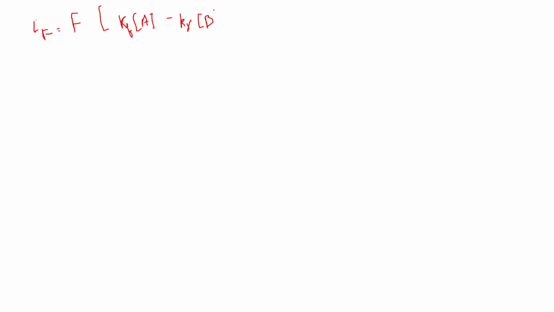Now what is the next step? We found out what is KF and KR when AC current is also passing, right? So I can substitute that. So what does that become?